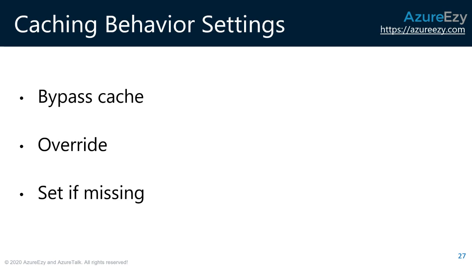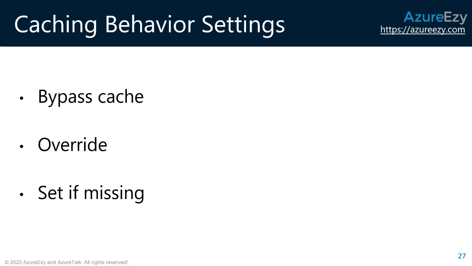Second is override. If I have configured the caching behavior as override, it will override any caching which is configured at the origin level, and it will use the caching setting which we have specifically mentioned. So it will override the previous one and use what we have specified.